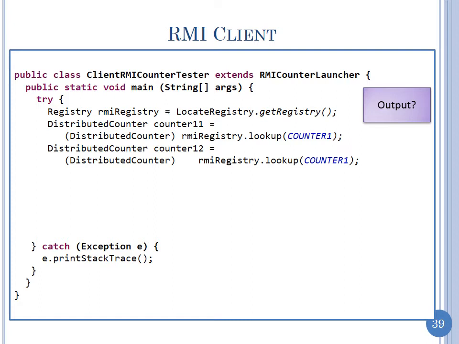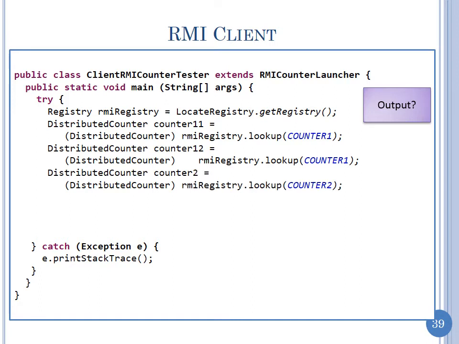And then I create another proxy, counter 2, for the other counter that was registered. Remember, counter 1 and counter 2 are equal in the server, but they're different objects with different names. And I've done a lookup twice on the same object, and once on a different object that's equal to the first object.